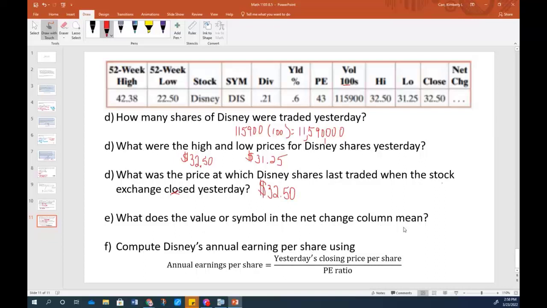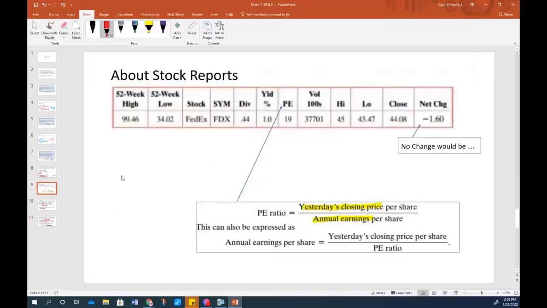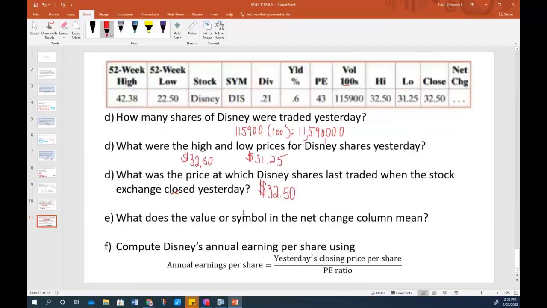What does the symbol in the net change column mean? Aha, see those three dots? Told you. If there's three dots right there, it means there is no change. That means there was no change from the previous day's close. Not just no change ever, but no change.